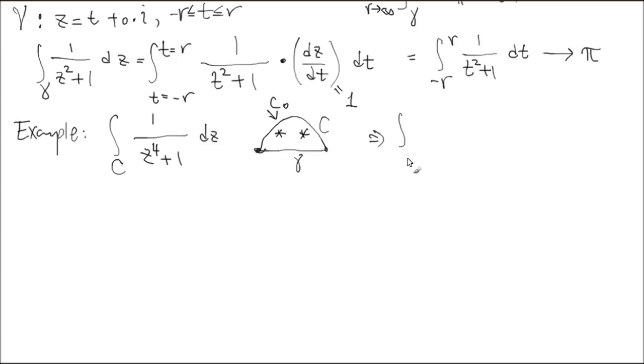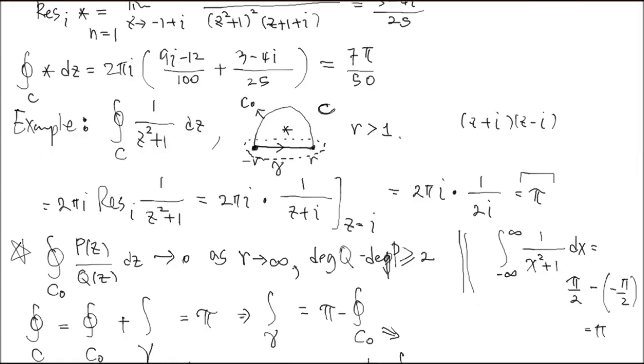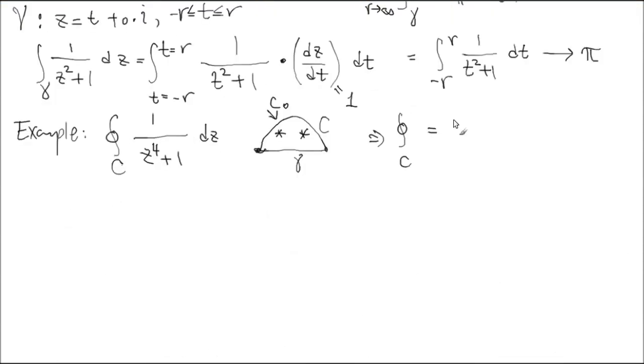And this thing, c going around all the way over a closed circle, what was the value? I think the value was root 2 over 2 pi. Good? So let's split this one again. So we have root 2 over 2 pi equal to the integral over the upper circle, c0, plus the bottom real part.